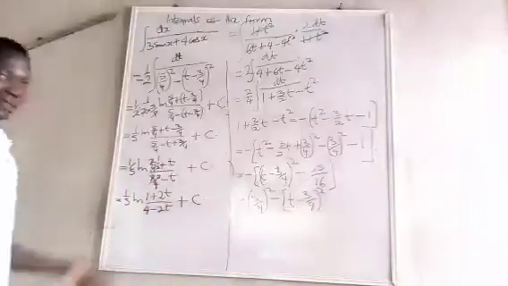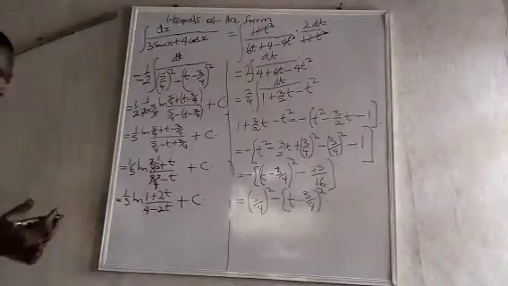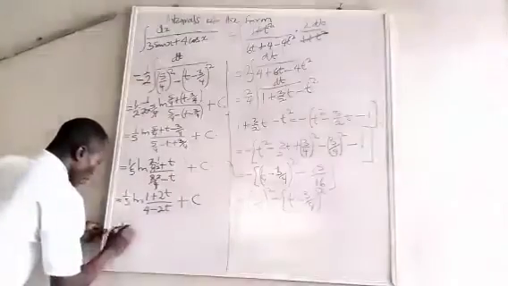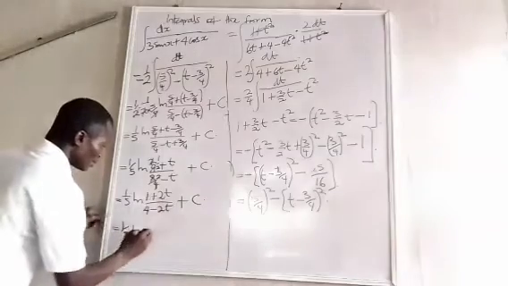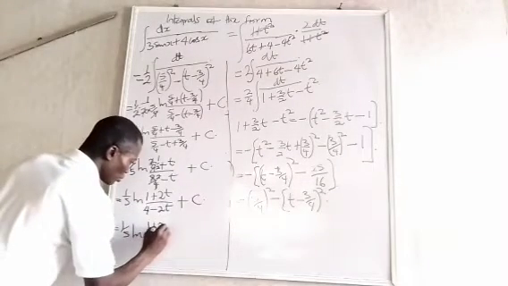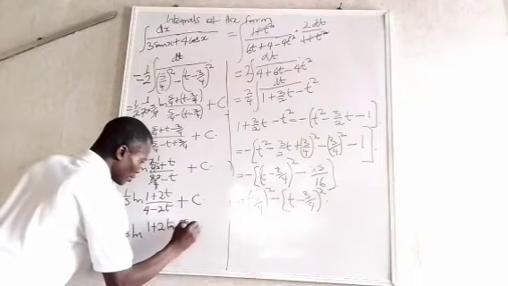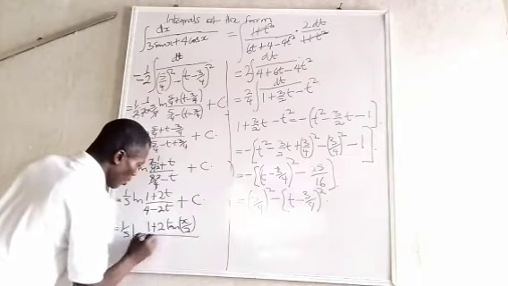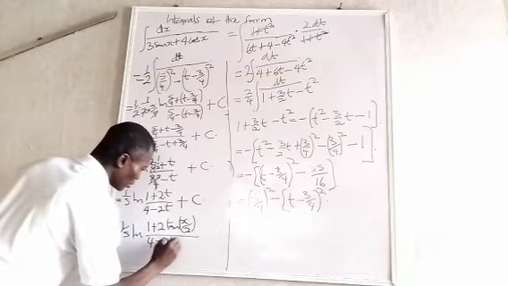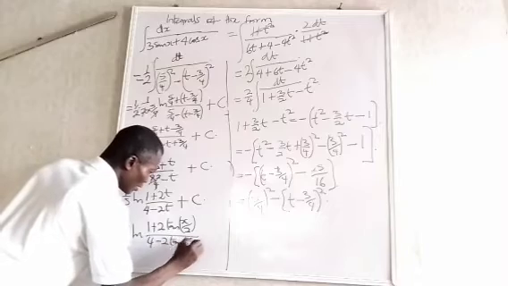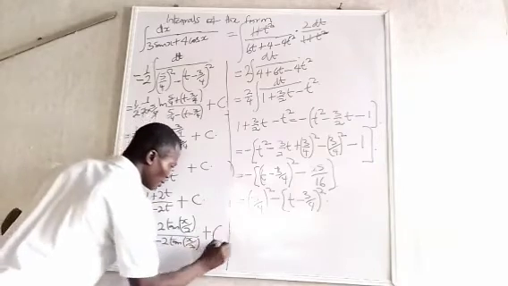And we know that t is tan x over 2. So it's going to be 1 over 5 ln 1 plus 2 tan x over 2 over 4 minus 2 tan x over 2 plus c.